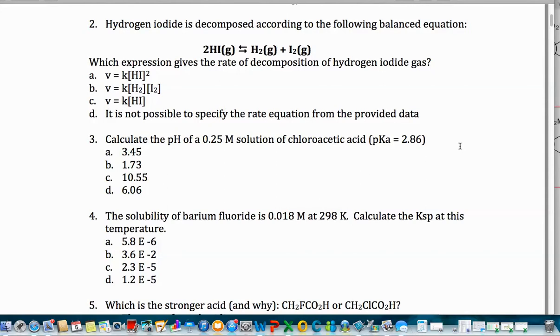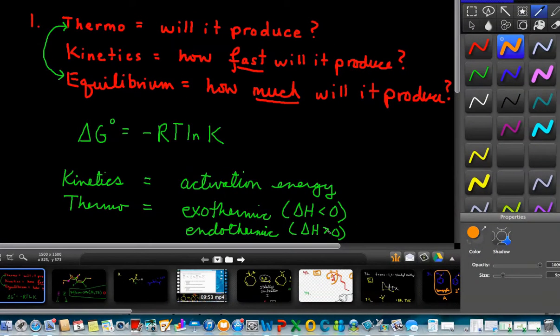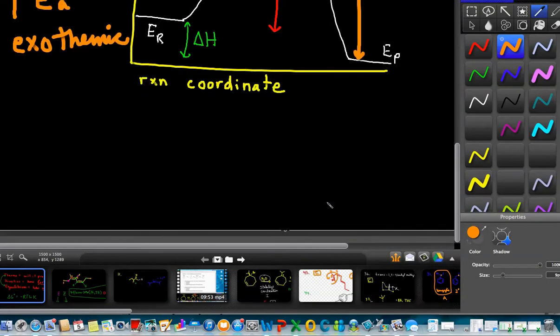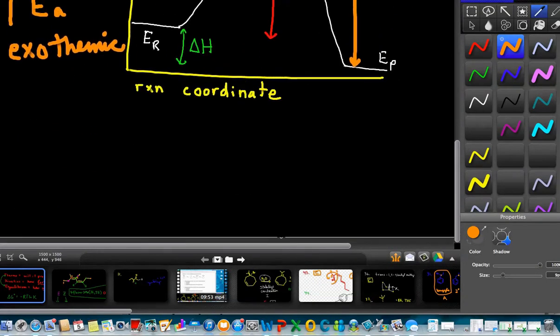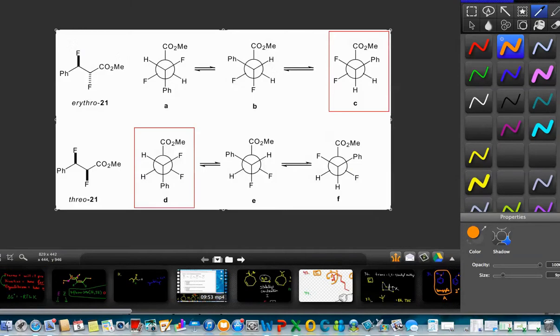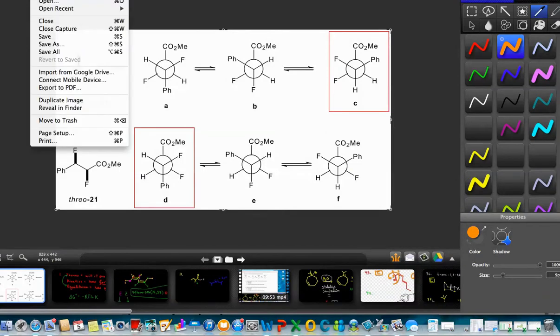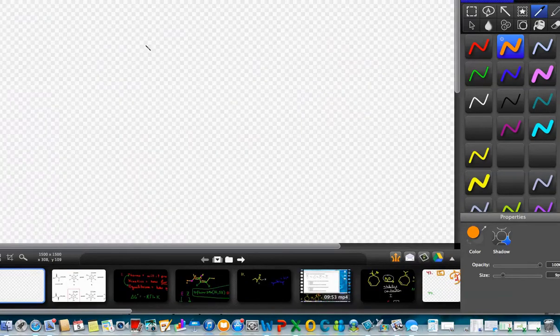We want to calculate the pH of a 0.25 molar solution of chloroacetic acid. This is a kind of problem we emphasize over and over and over again in this course. So let's take a look at it. We have a weak acid HA that is 0.25 molar.